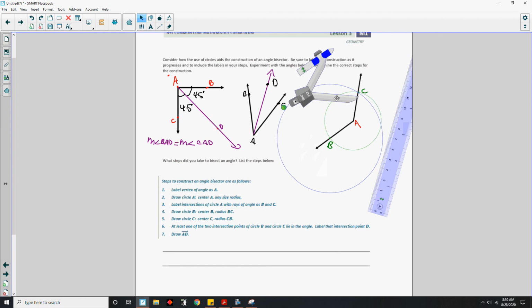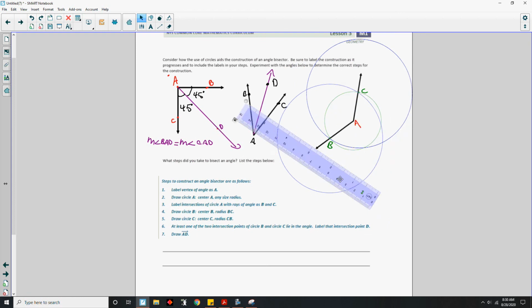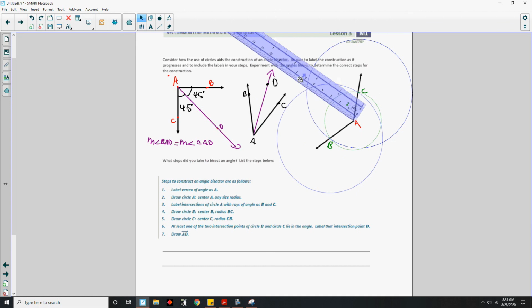And then I move my center over to C, and I draw a circle. Move my compass out of the way, and I draw a segment from A to the intersection of those two circles I just created, forming a ray.